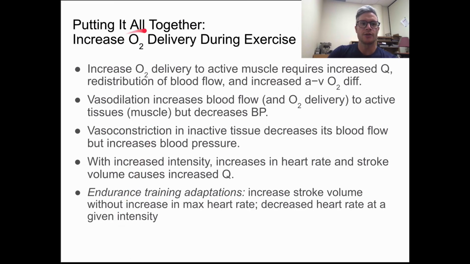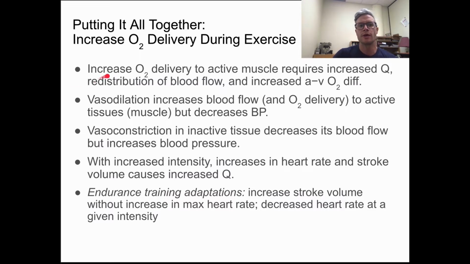Okay. So again, in regards to oxygen delivery, we've spoken previously about how the difference between our arterial and venous blood is a major factor, and that is a good indication of how much our working skeletal muscle will pull out of our blood while we're working.